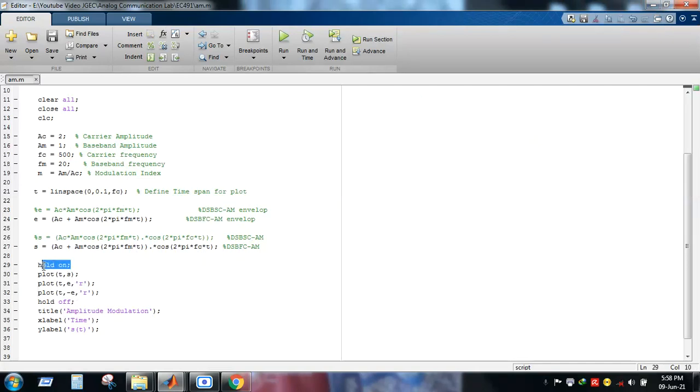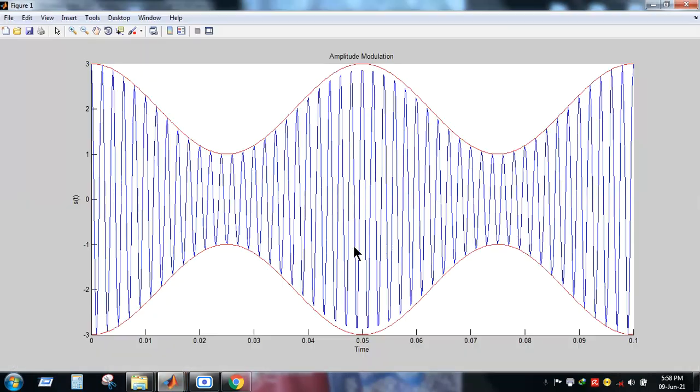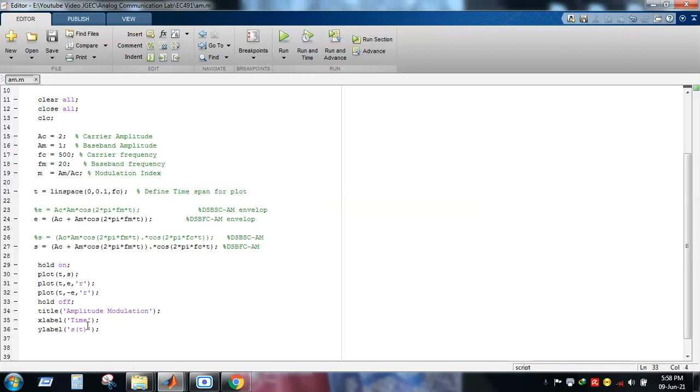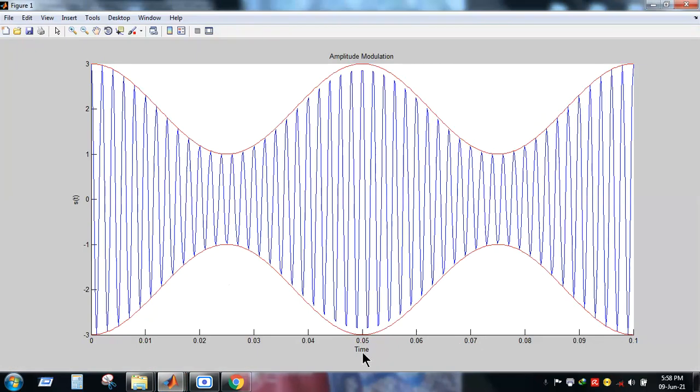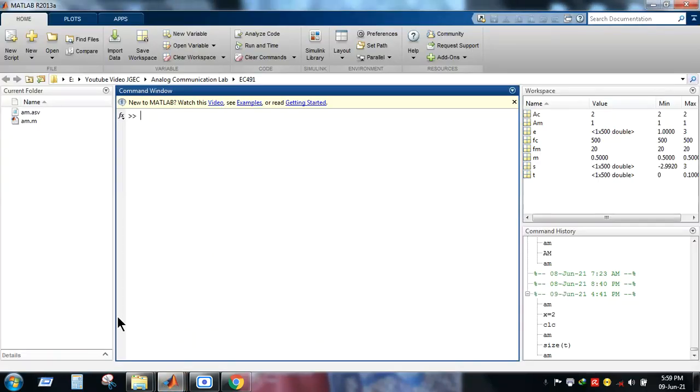Whenever we use hold on, we need to stop that, so we are using hold off also. And this is the title of the figure, the amplitude modulation. Along the x-label we plot time, and along the y-axis we plot s(t).